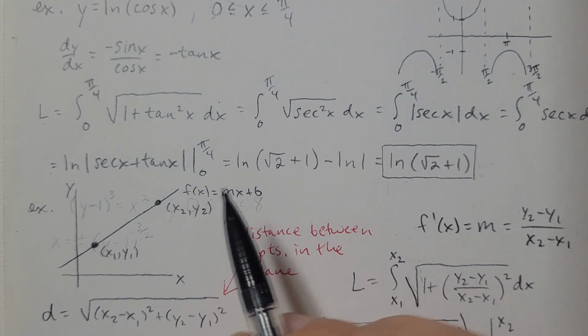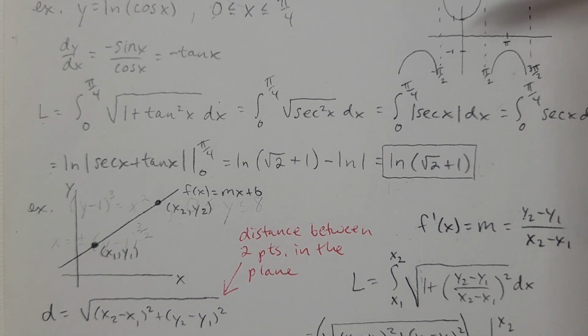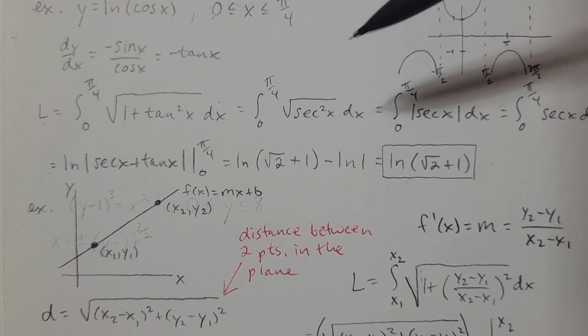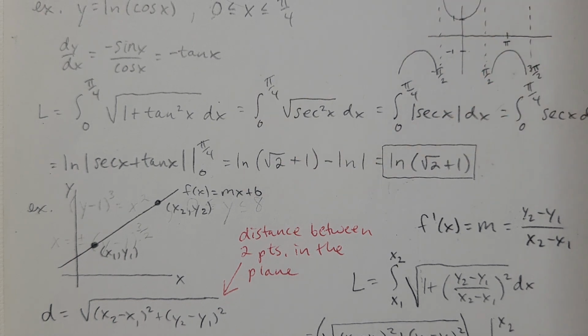I'm integrating this on the interval of 0 to pi over 4, so plug in the bounds now. When I plug in pi over 4, cosine of pi over 4 is adjacent over hypotenuse. So the adjacent side is 1, the hypotenuse is root 2.